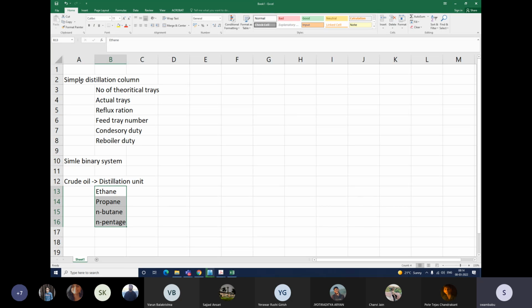So for example, let's say ethane is 30%, propane is 20%, butane is 40%, and pentane is 10%. If you have to do the McCabe-Thiele method, it is very difficult. You have to do ethane and propane once, butane and pentane once, like this. But if you use the software, that will be very quick.